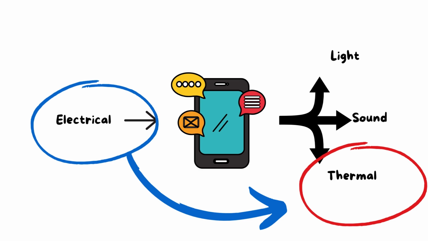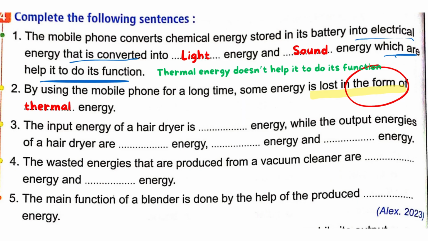Here the question asks you about the two energies that help the phone to do its function, so we will write here the mobile phone converts chemical energy stored in its battery into electrical energy that is converted into light energy and sound energy, which help it to do its function, as thermal energy doesn't help it to do its function.